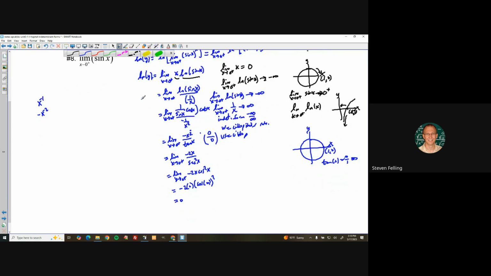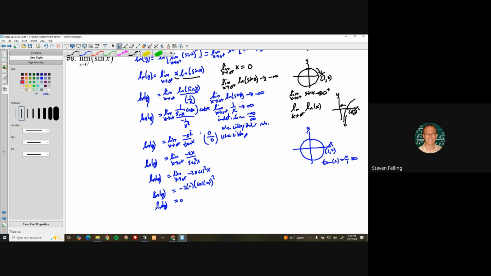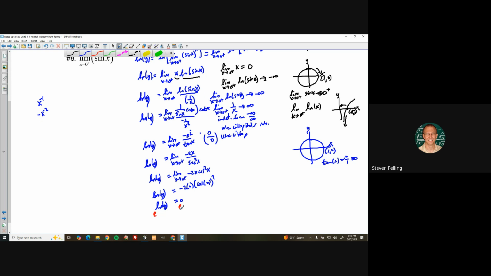Now, all of this on the left side is natural log of y. I want to make sure we don't forget that, because if the natural log of y is 0, that means that to get rid of this y, to solve this for y, I can say e to the left equals e to the right.